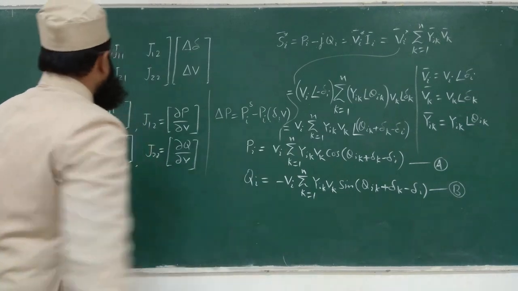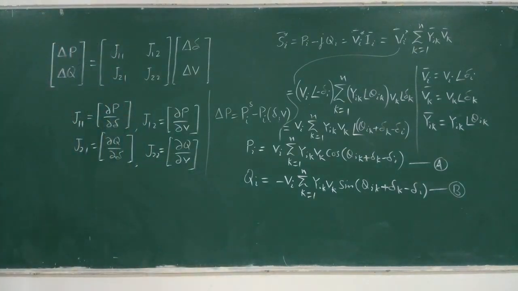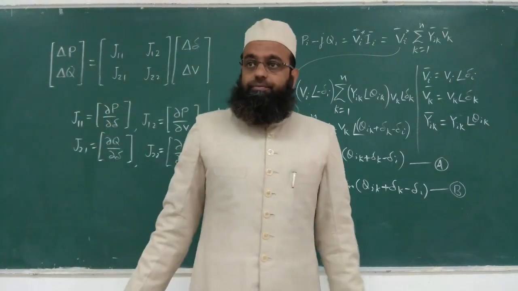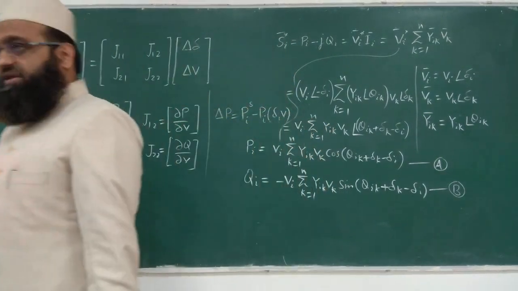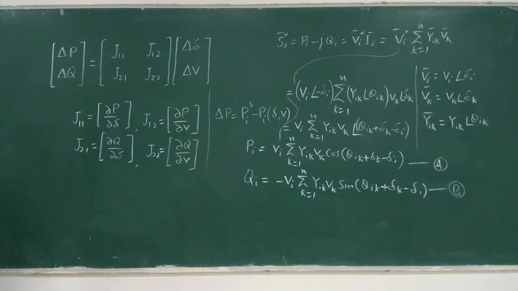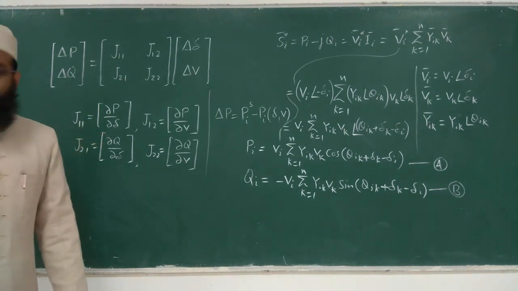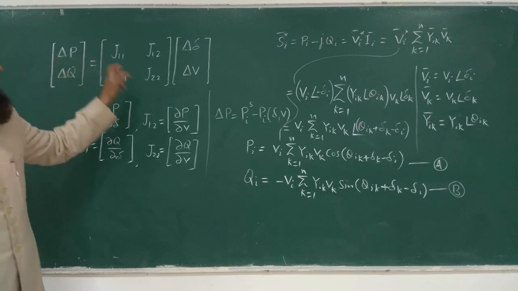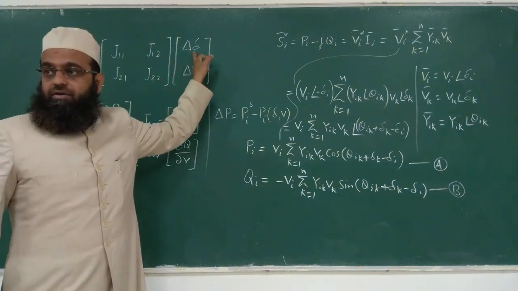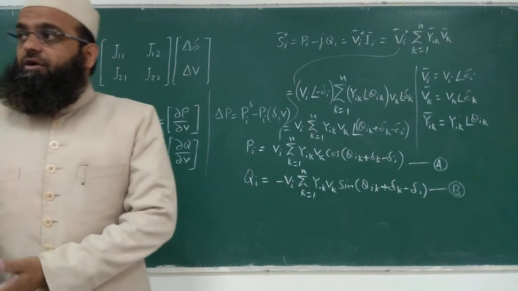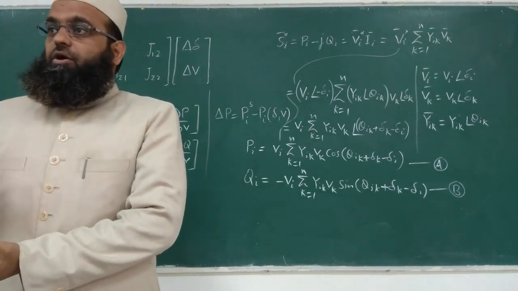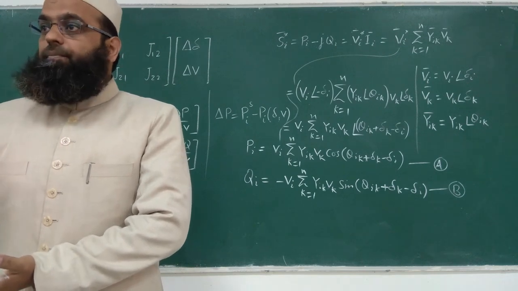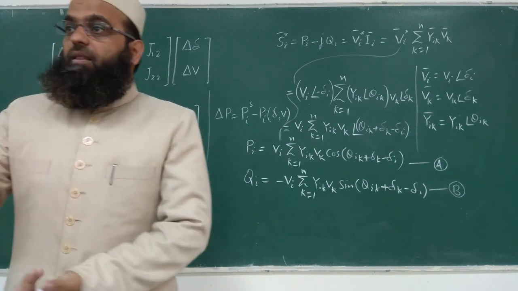Just recall these relationships. Now, with certain assumptions, practically feasible assumptions, it has been observed that this del P mainly depends on del delta. Or in other words, P is more dependent on delta than V. What is delta?